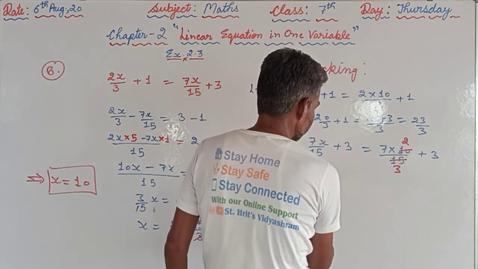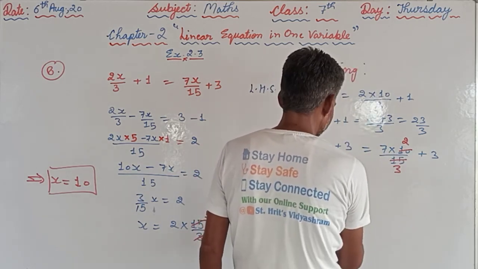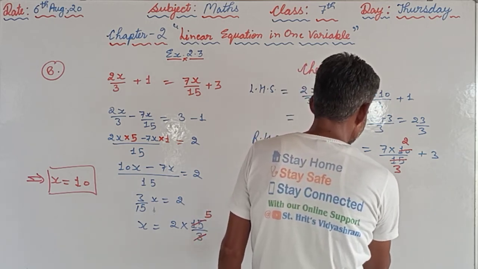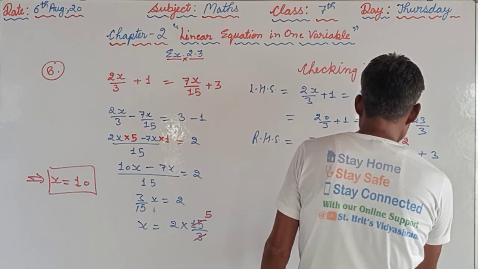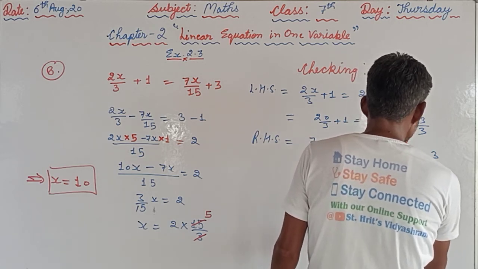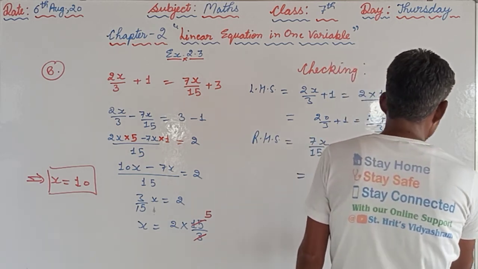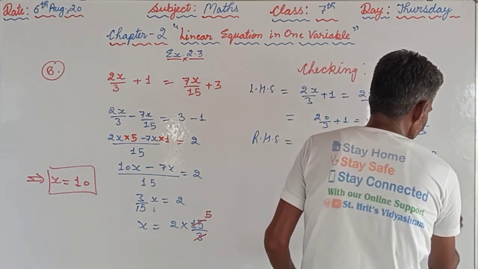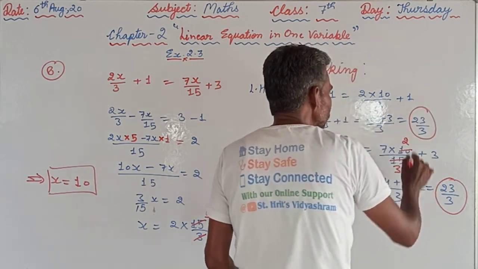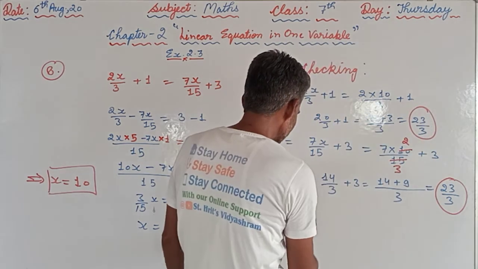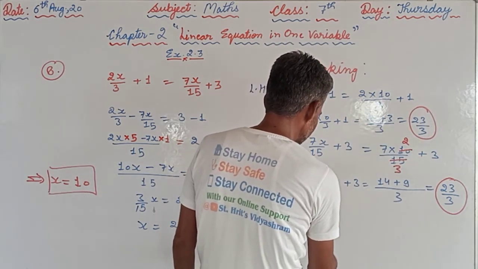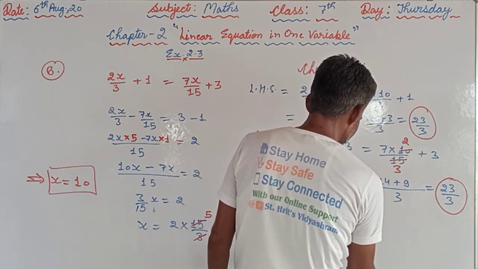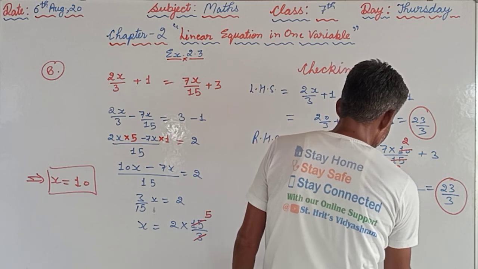So here comes 7 2 ja 14 upon 3 plus 3. Again 3 will be the LCM and 14 plus 9, that is 23 upon 3. So again 23 upon 3, 23 upon 3. Left hand side is equals to right hand side, hence checked.